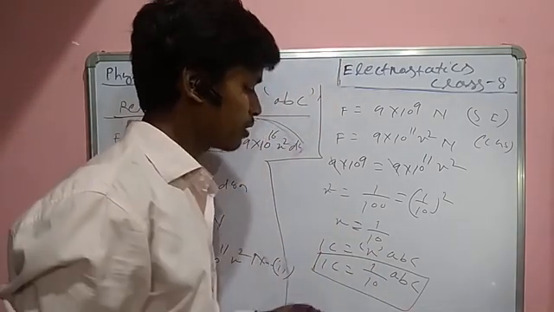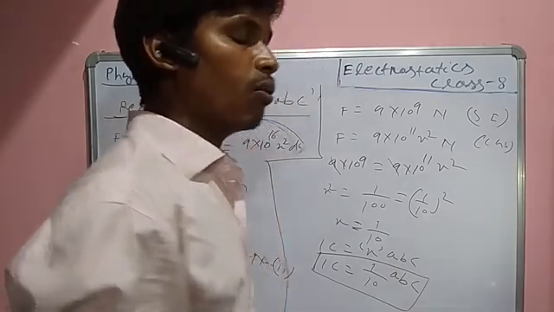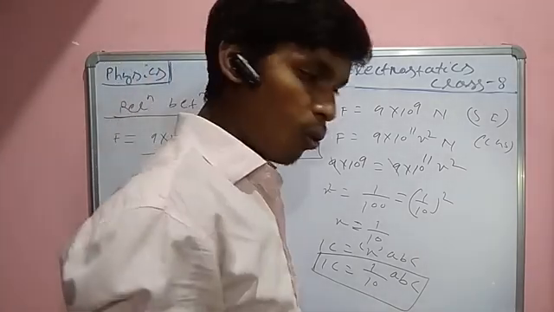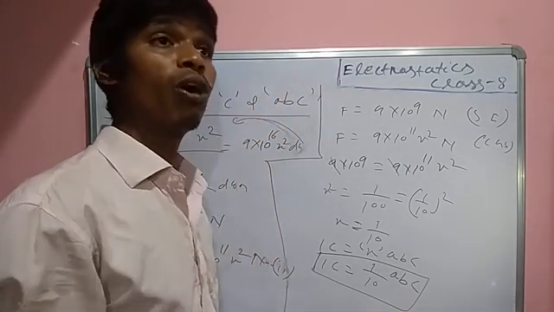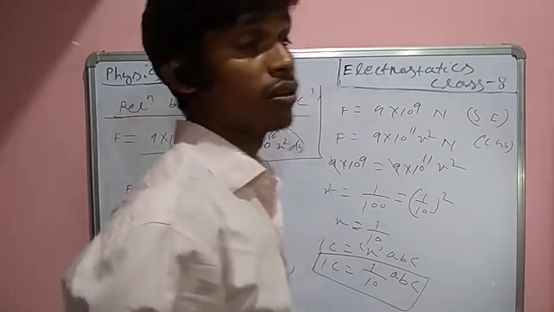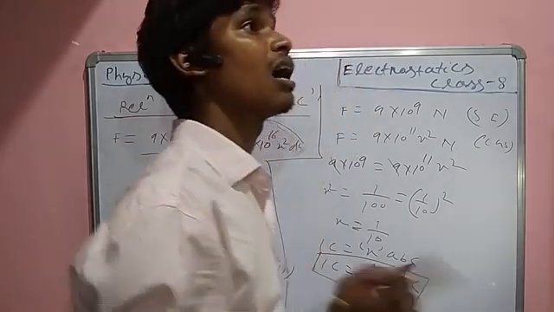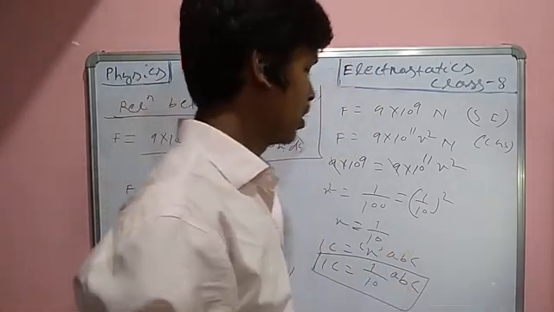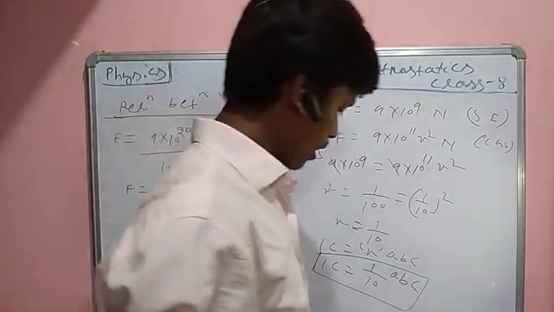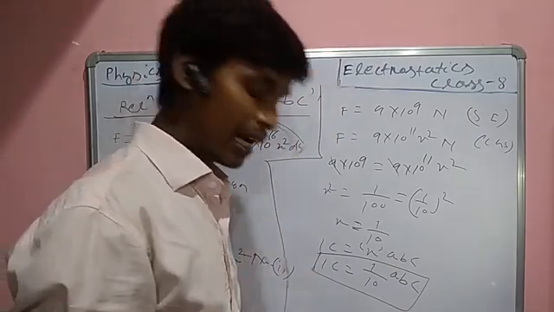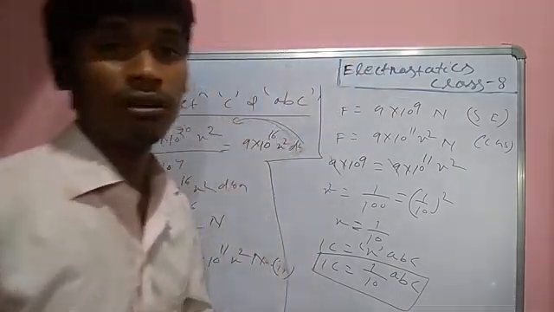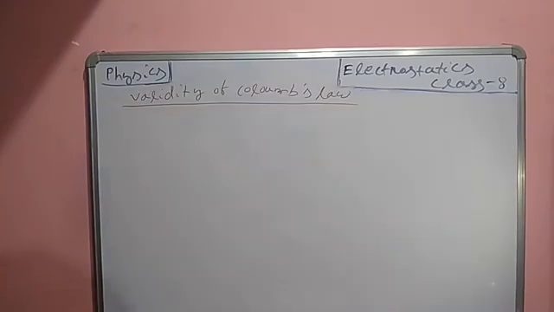So after this expression we can know the validity of Coulomb's law, or the invalidity of Coulomb's law. That means where Coulomb's law can be used and where it cannot be used. So you should know, but now we have to make a heading: validity of Coulomb's law. Yes or no?